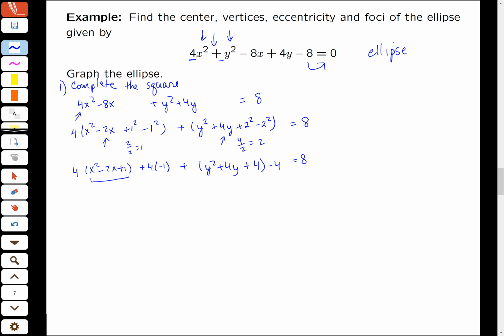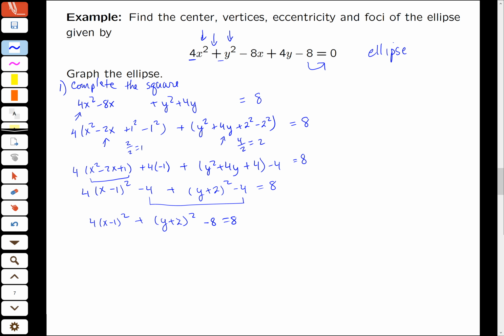How do you factor x squared minus 2x plus 1? (x minus 1) squared, and then 4 times a minus 1, negative 4. And how do you factor y squared plus 4y plus 4? (y plus 2) squared, and then our minus 4 equals 8. Combine our minus 4's together, and what do you get? Negative 8.